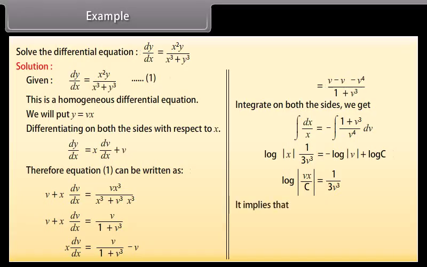It implies that vx by c equals e raised to the power 1 by 3 v cube. It implies that y by c equals e raised to the power x cube by 3y cube, or y equals c into e raised to the power x cube by 3y cube.